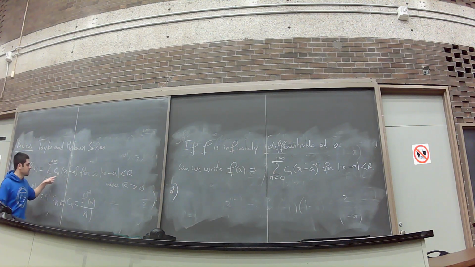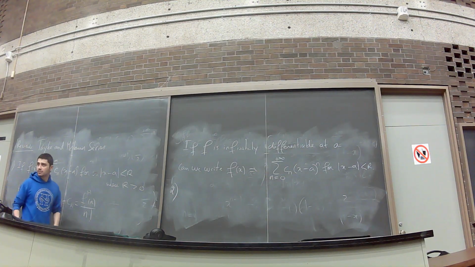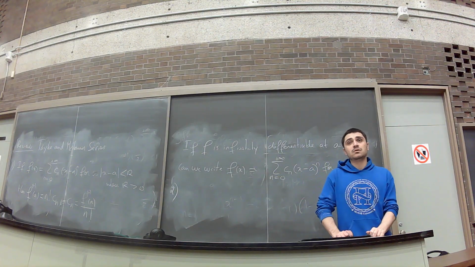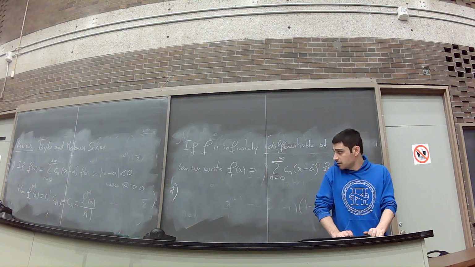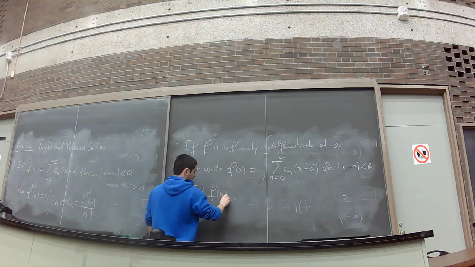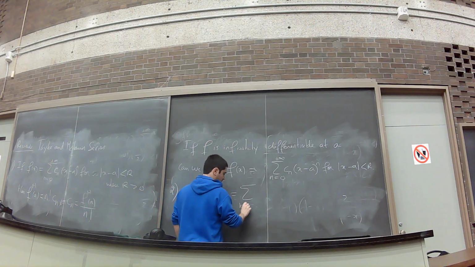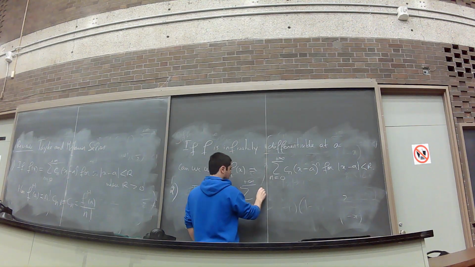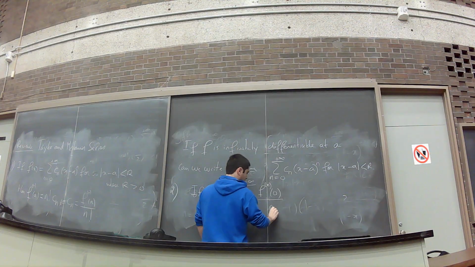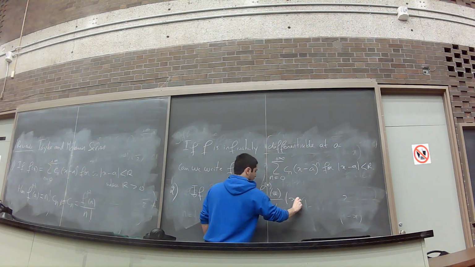if you try to look at the first few terms of this one, what is the first term here? What is c_0, sorry? c_0 is what? c_0 is just f of a, right? So if f of x, I'll just replace c_n by its value.